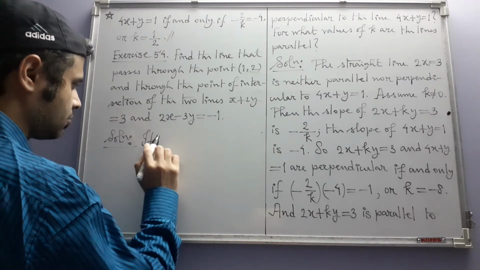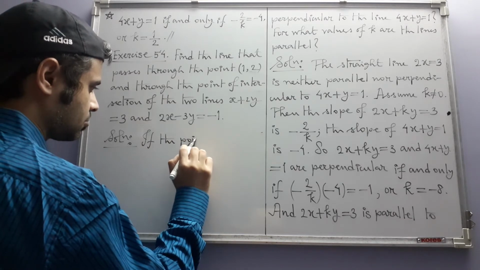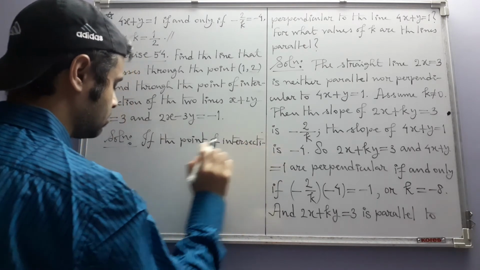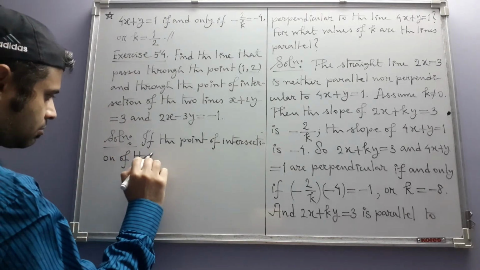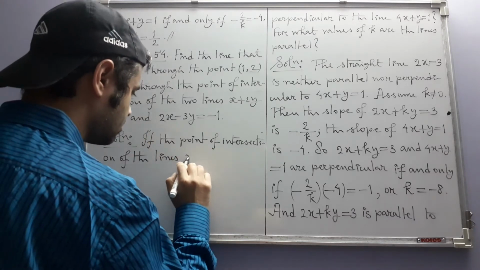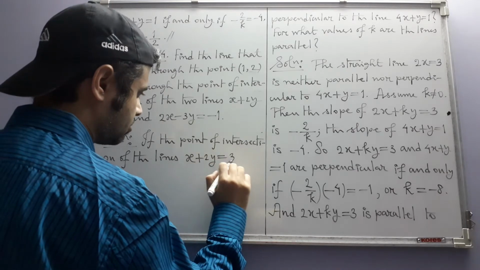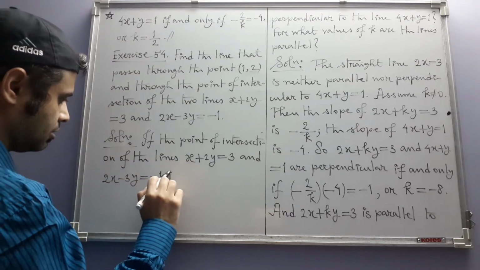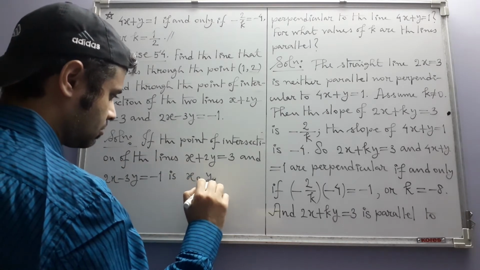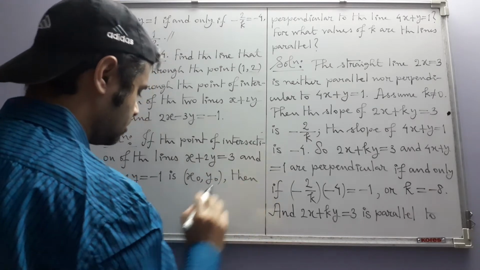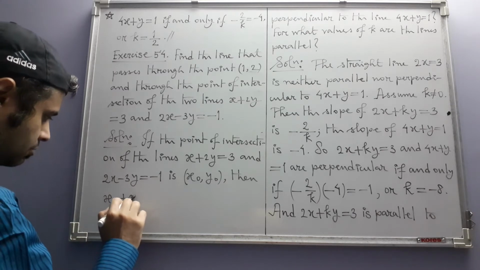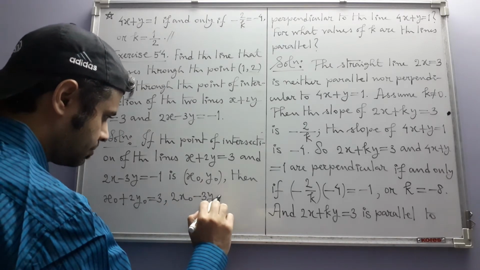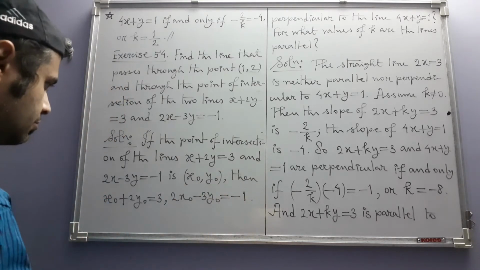If the point of intersection of the lines x plus 2y equal to 3 and 2x minus 3y equal to minus 1 is x naught comma y naught, then x naught plus 2y naught equal to 3, and 2x naught minus 3y naught equal to minus 1.